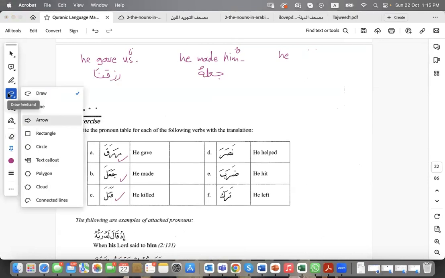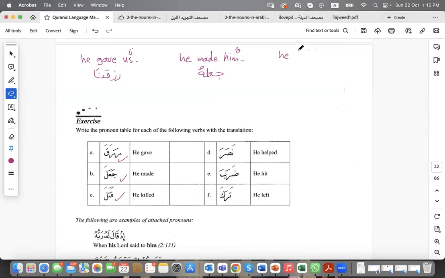So if I say he killed them, and I'm referring to plural masculine, so whom, I would say قتلهم.